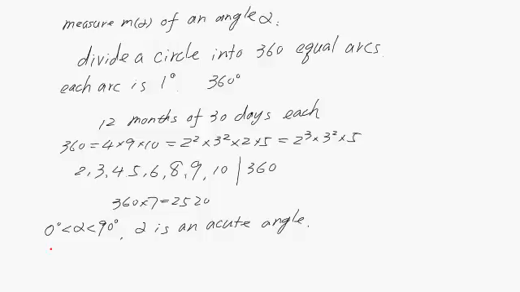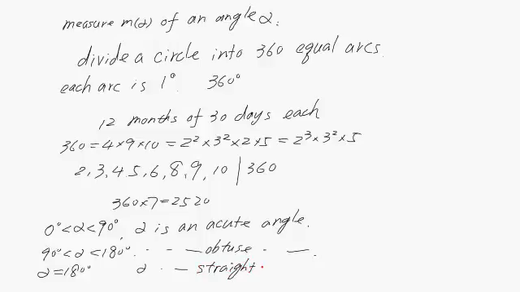And if alpha is greater than 90 degrees but less than 180 degrees, then alpha is an obtuse angle. And how about alpha equal to 180 degrees? In this case, we call alpha a straight angle. So alpha is a straight angle.